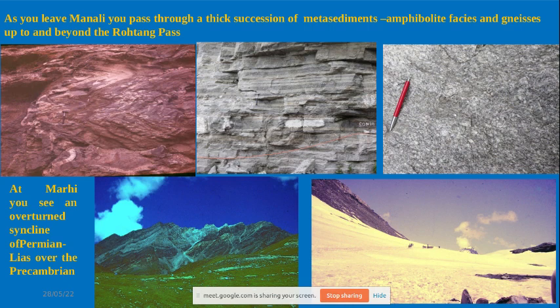There's a place, Muddy, where we usually stop for breakfast. You can see an overturned syncline in which the keel part is Permian and the core part is Jurassic. This rests right over the Precambrian and represents the late Permian transgression.